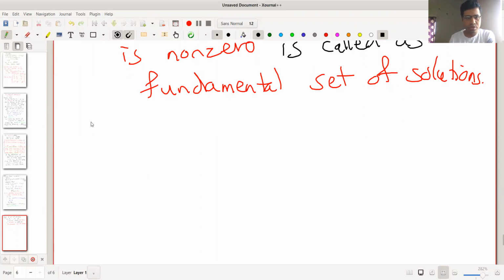And so such a linear combination is called the general solution. General because every solution is in terms of these solutions.